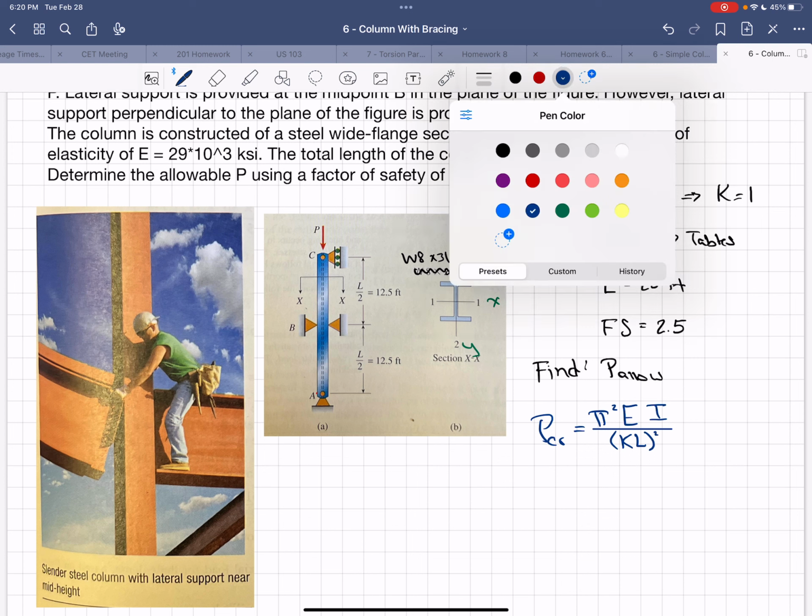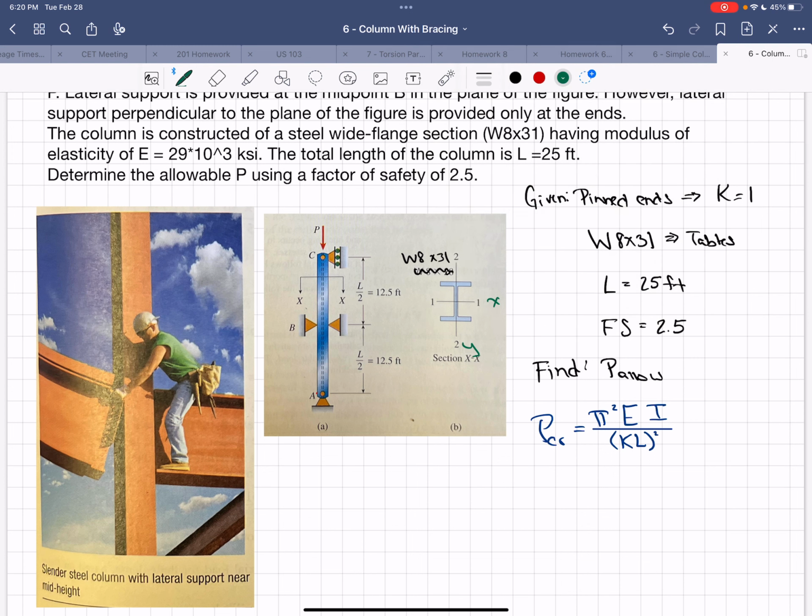We need to look at both directions, and what changes in the two directions is the I and the L. In one direction we'll be bending around the x-axis, so we'll use Ix, and in the other we'll be bending around the y-axis, and we use Iy and the corresponding length.